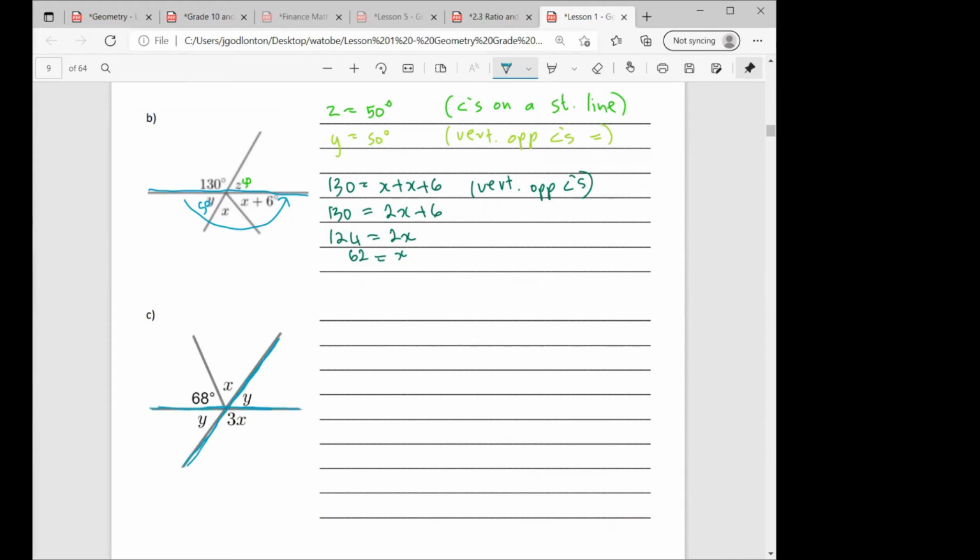Okay, I've given you a little hint with some blue lines to help you. Don't let it stress you out. Think about what plus what is equal to what.